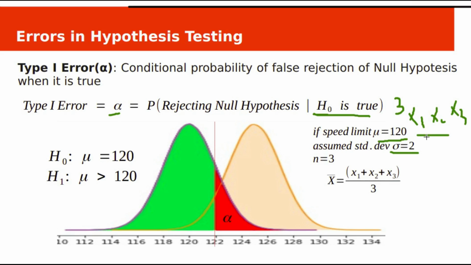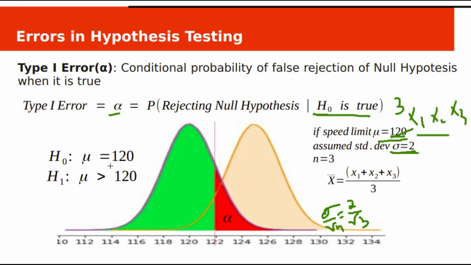Assume that vehicle speeds follow a normal distribution with mean 120 and standard deviation 2. Then this sample statistic will also follow a normal distribution with mean 120 and standard deviation of the sample, or standard error, sigma by square root n, here 2 by square root 3.